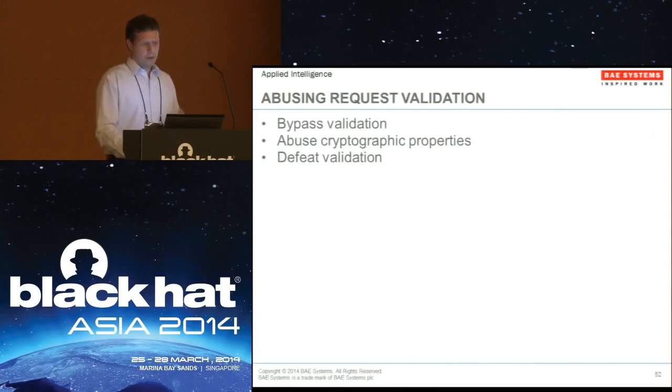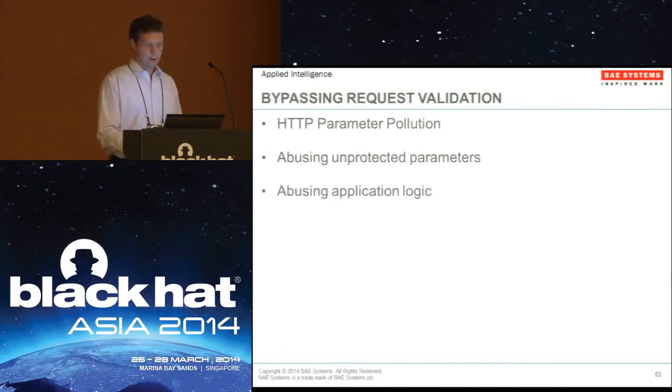So when you're dealing with request or response validation, you have a couple of options. You can bypass the validation, you can abuse some of the cryptographic properties, or you can defeat validation, which eliminates the use of signatures altogether. A typical way to bypass it is HTTP parameter pollution.